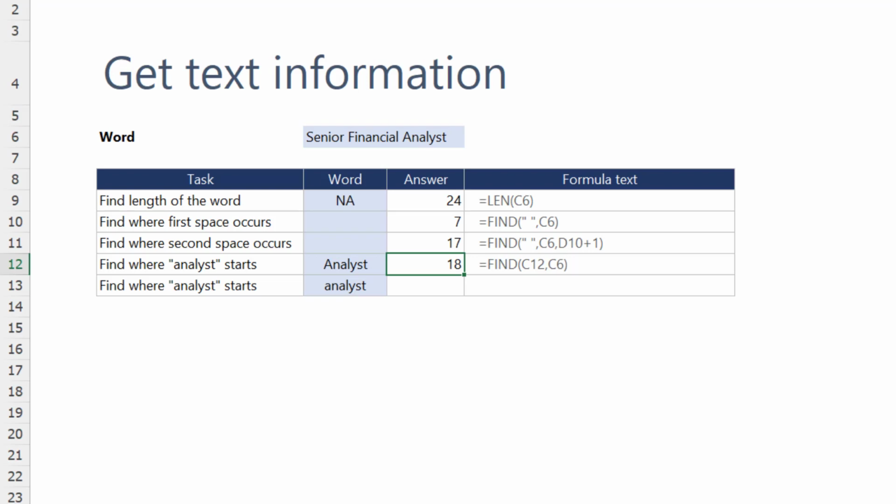Since the word Analyst has many characters, it points out the starting point of the word, which is the 18th position, which we can also verify because we know that the second space is in the 17th place and the word Analyst comes after that, which means it has to be in the 18th place.